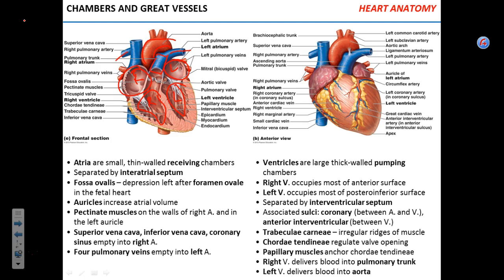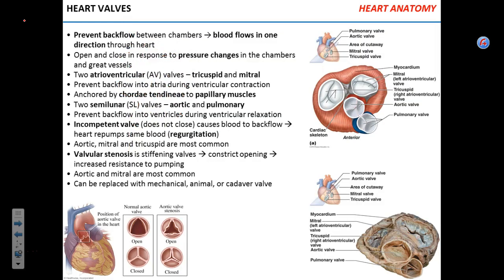We also mentioned vena cava, superior and inferior vena cava, that bring deoxygenated blood from the body.